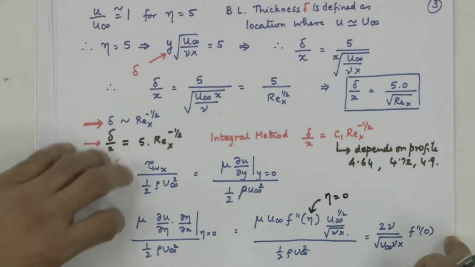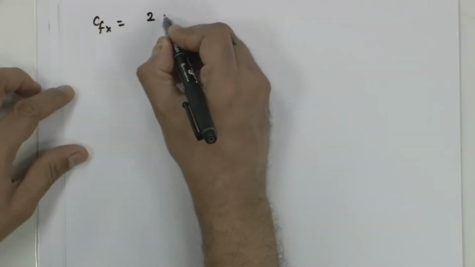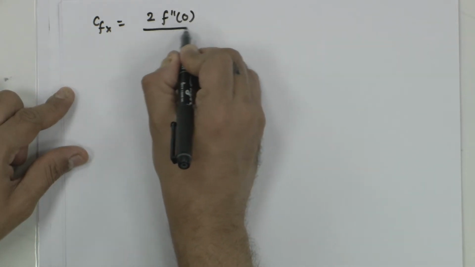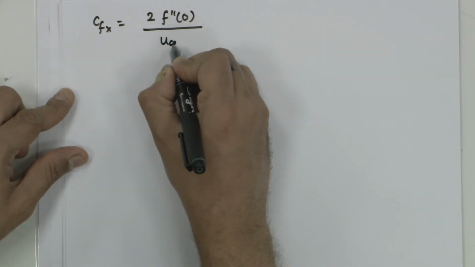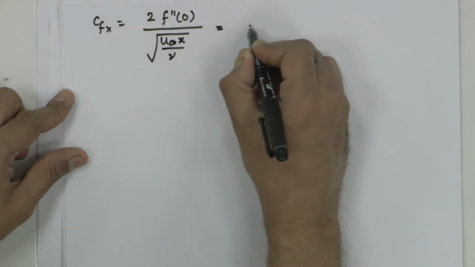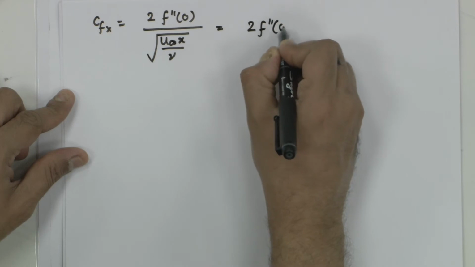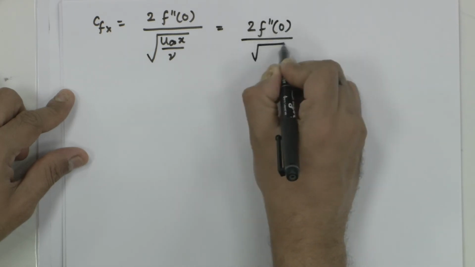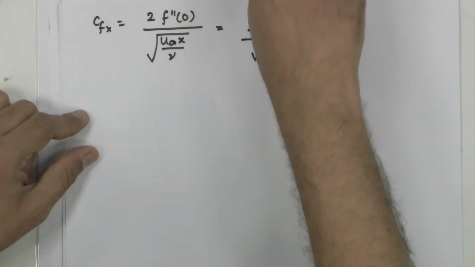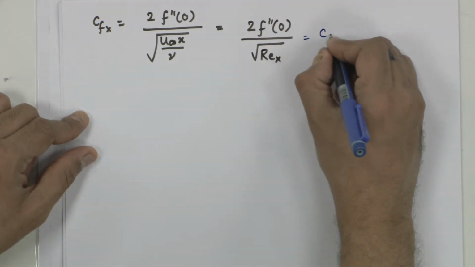If I simplify this one more step, Cf x is equal to 2 f double prime of 0 divided by root of u infinity x by nu, which is nothing but 2 f double prime of 0 divided by Re x to the power half. Coefficient of friction is this expression.